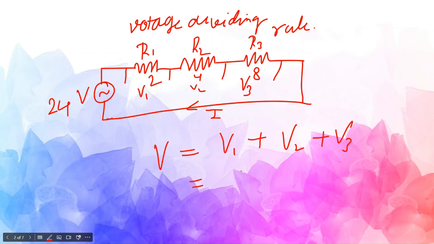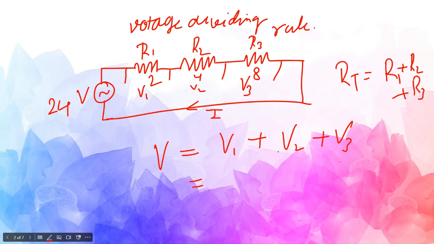What will happen? What will be V1? One more thing, total resistance RT. What will be RT? Total resistance should be equal to R1 plus R2 plus R3.